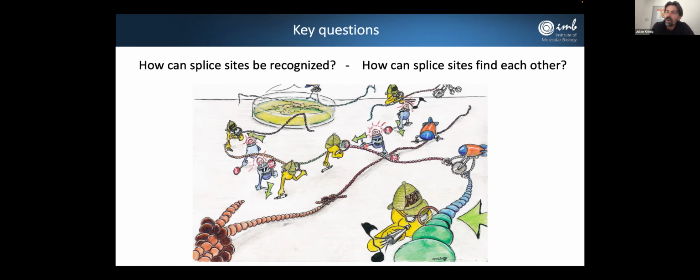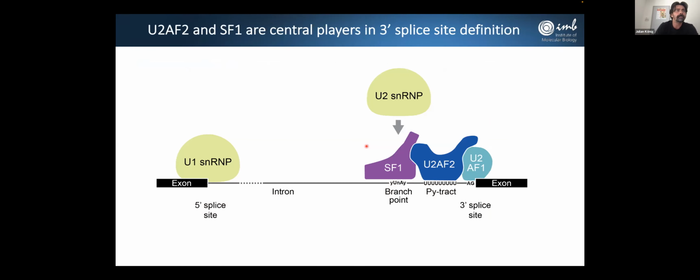And also more recently, we became interested in how the different splice sites can find each other, which are also often tens of thousands of nucleotides apart in the pre-mRNA. And so I would briefly like to introduce you to the main players that we are investigating.